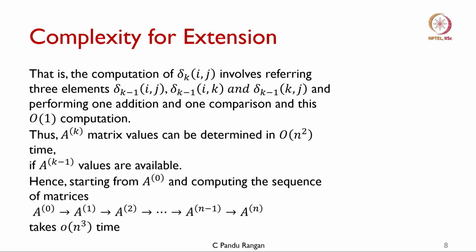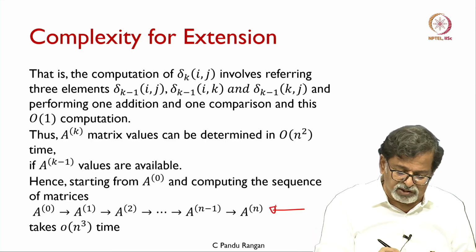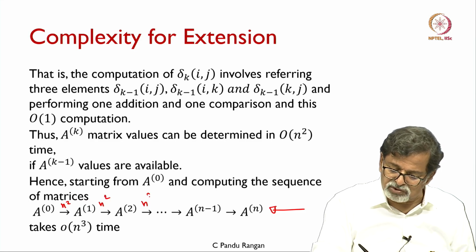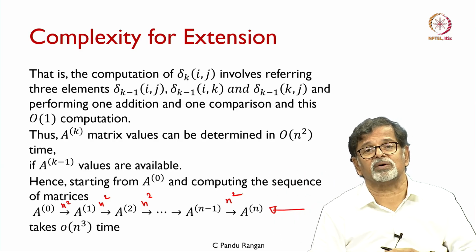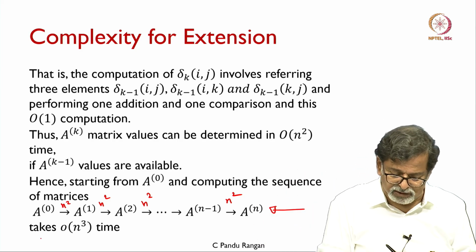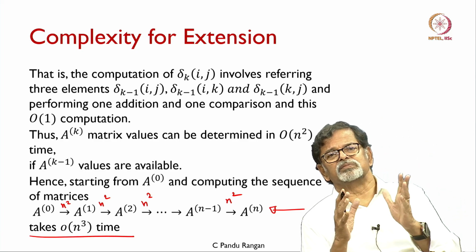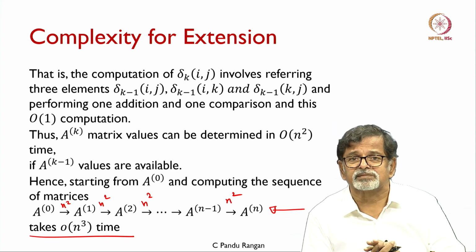Therefore, for each hop it is n square, there are n such hops, therefore the total complexity is n cube. So with n cube steps we were able to solve the problem.